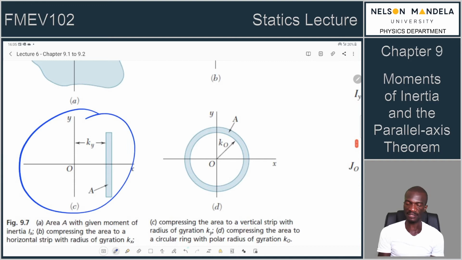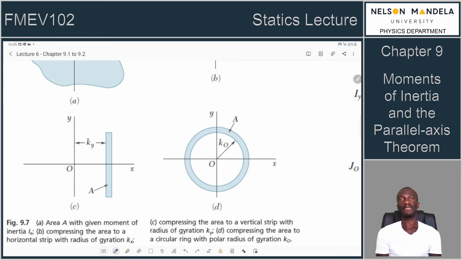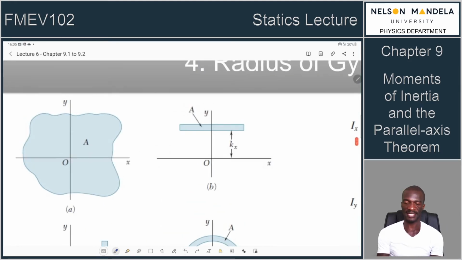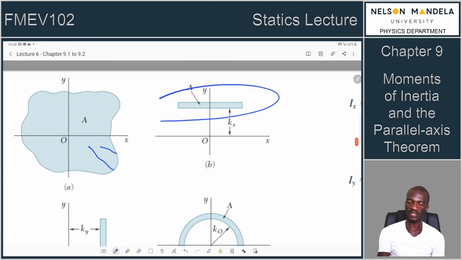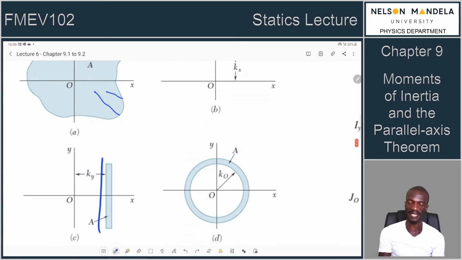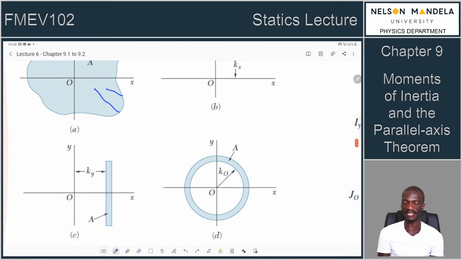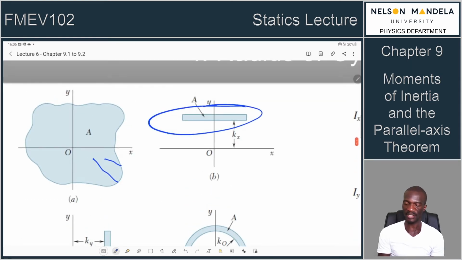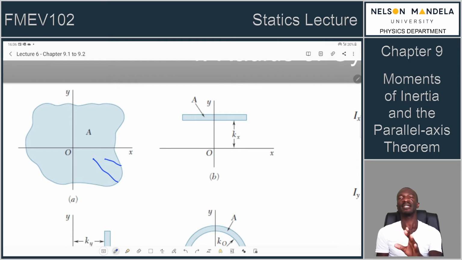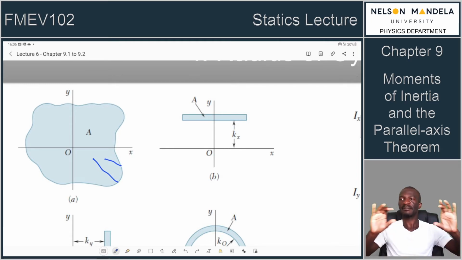The same applies for the radius of gyration about the y-axis. You will have squashed this object, but instead of making a horizontal strip, you make a vertical strip, and you place that strip just the same way you did here. You placed it equidistant so it's centered on the y-axis, but it's parallel to the x-axis.